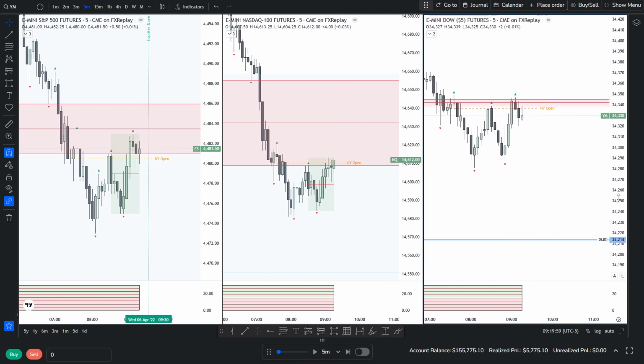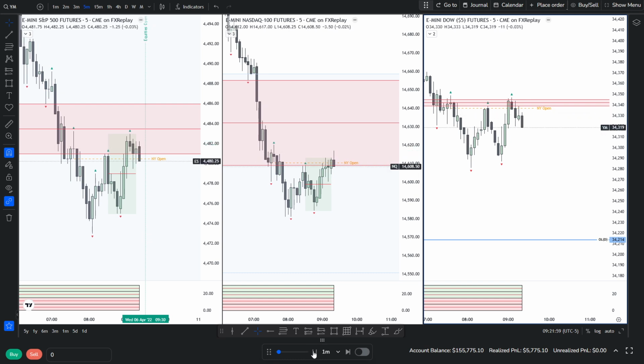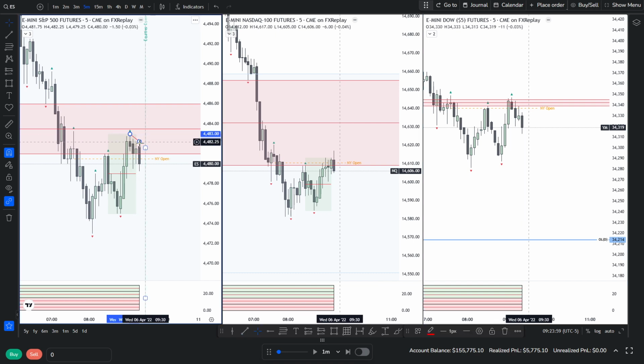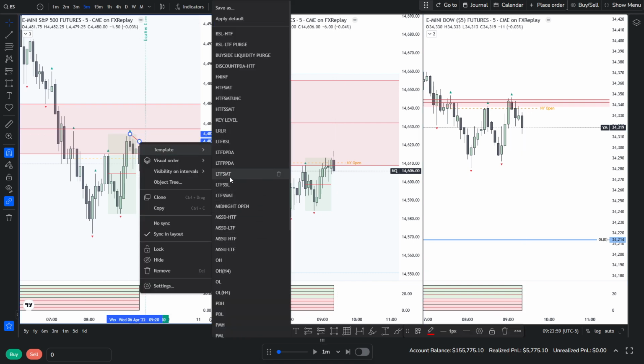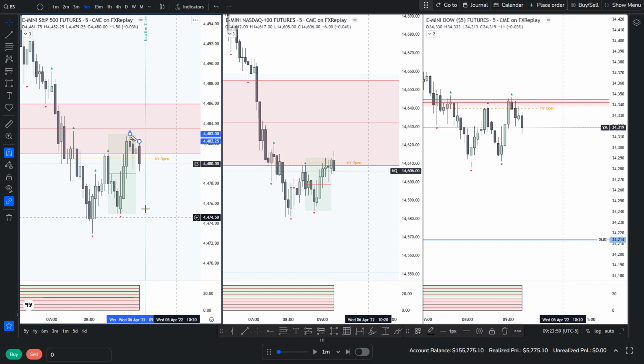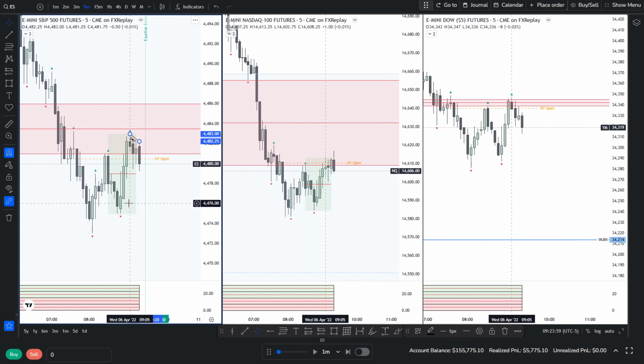But right now, as we can see, pretty symmetrical. So we're going to drop this to the 1 minute, see what happens. Got symmetrical lows as well. Now that's interesting. Let's just put that in like that.